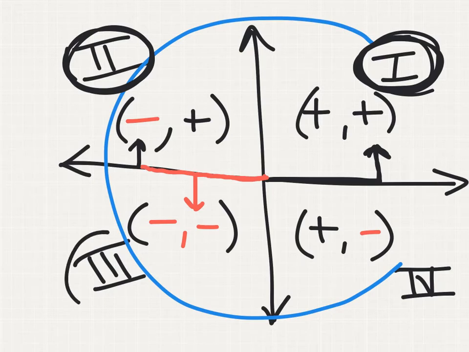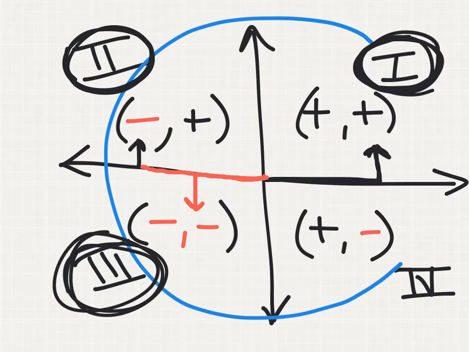Quadrant 3. And in quadrant 4, my x is positive and my y is negative. I've traveled to the right from the origin for x positive, and then down into the y coordinate, which is negative, putting me in quadrant 4.